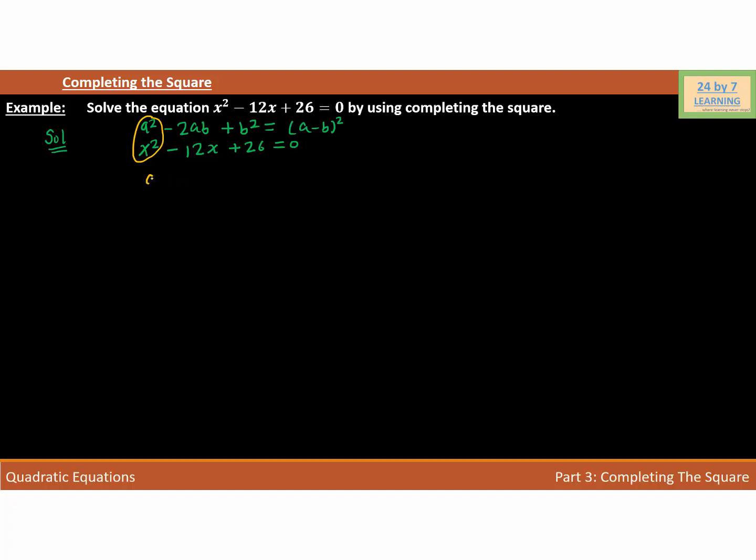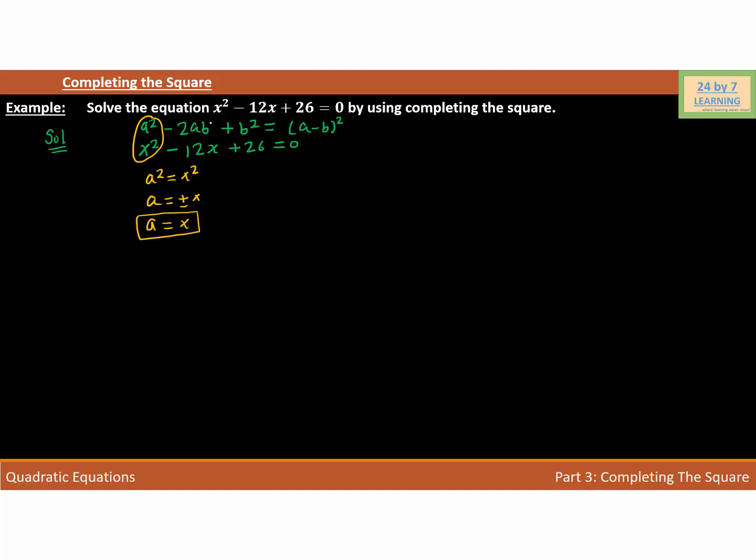So I can write a squared is equal to x squared. Now I need to find the value of a, so I will write a is equal to plus minus x. I'm going to consider only the positive value, so a is equal to x. So if I have to substitute the value of a, I can substitute x.